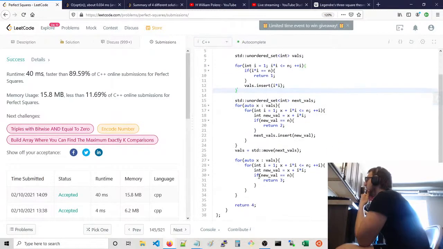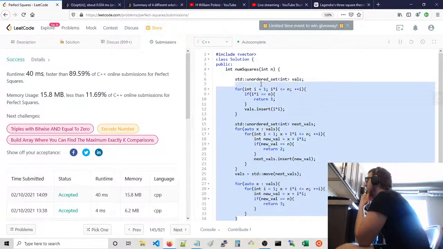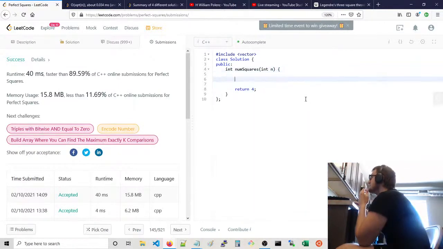Could do it another way too, is try to decide is this number a perfect square to begin with?